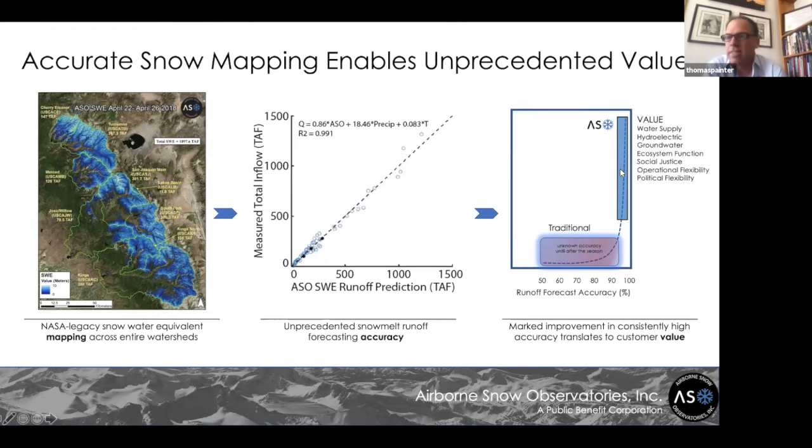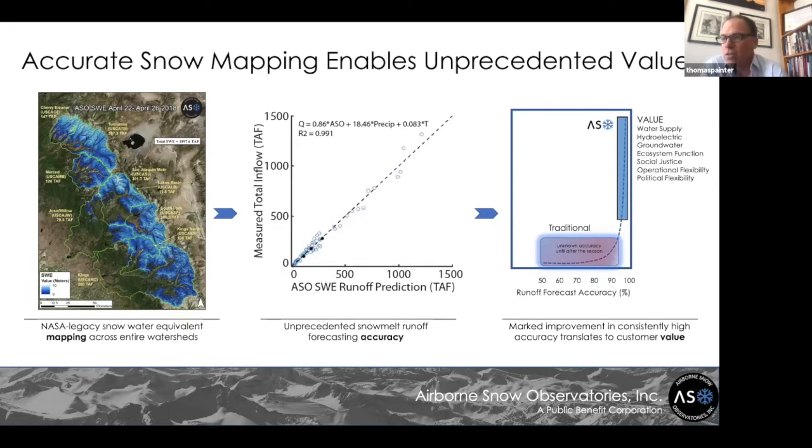Ultimately, what we've discovered is that traditional forecasts have accuracies that sometimes are up here in the 90%, sometimes down around 50%. The unfortunate part is that generally you don't know until after the season is over what that accuracy is going to be.